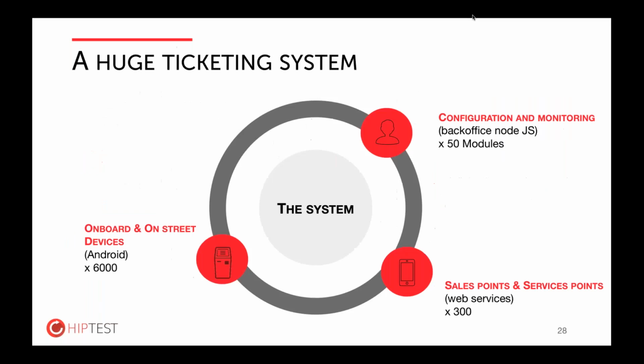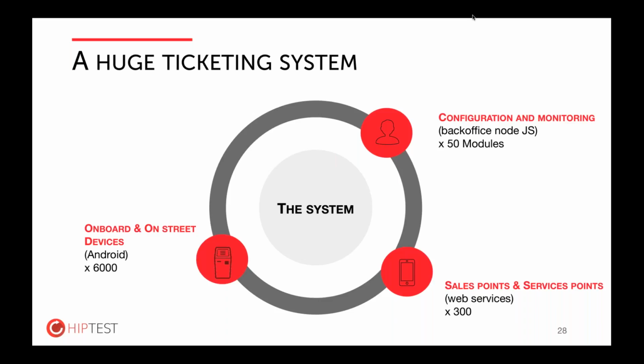So just to give a bit of background about the system itself, it is built with 3 main components. We have a back office for the system configuration and monitoring. It processes all the transactions, events, and alarms, and so on, generated by the devices and the sales points. It is built using Node.js technology.